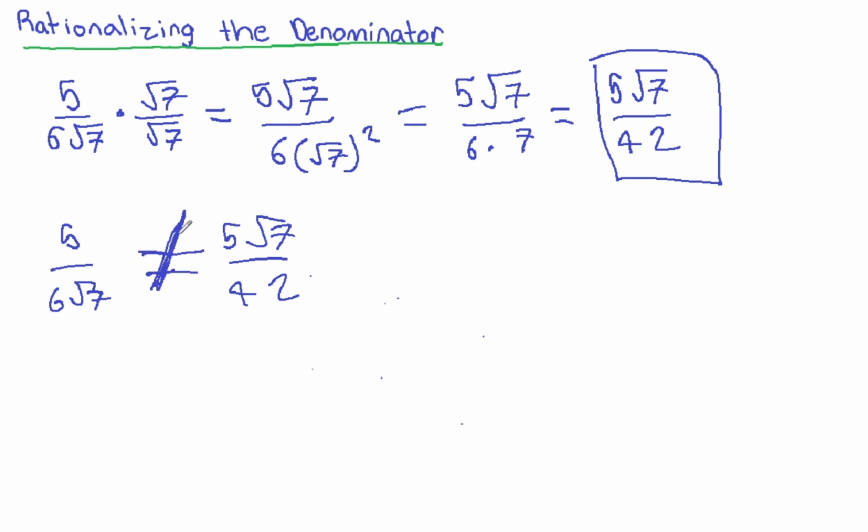If you multiply only the denominator by root 7, you won't get this answer, you get something else. I'm just showing that whatever your answer is, it won't be equal to the original equation. So you have to multiply the numerator and the denominator by root 7, or whatever root is in the denominator. Let's go through another example.